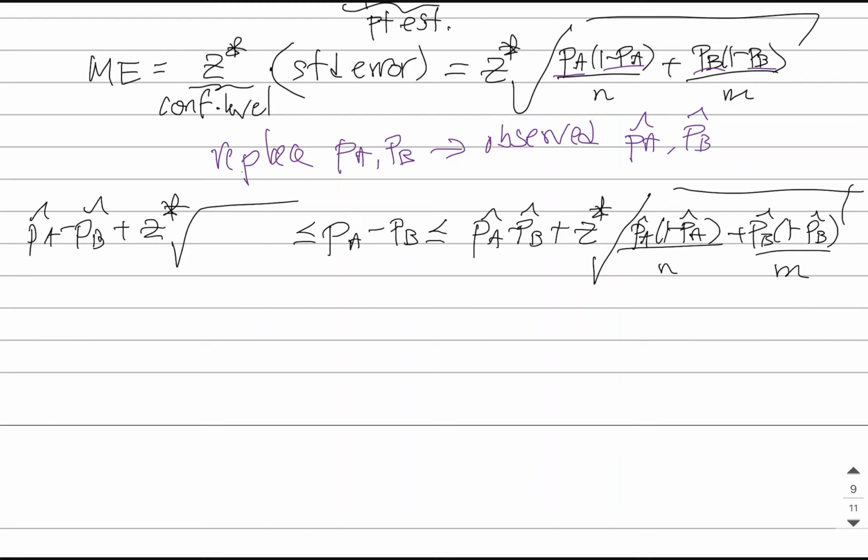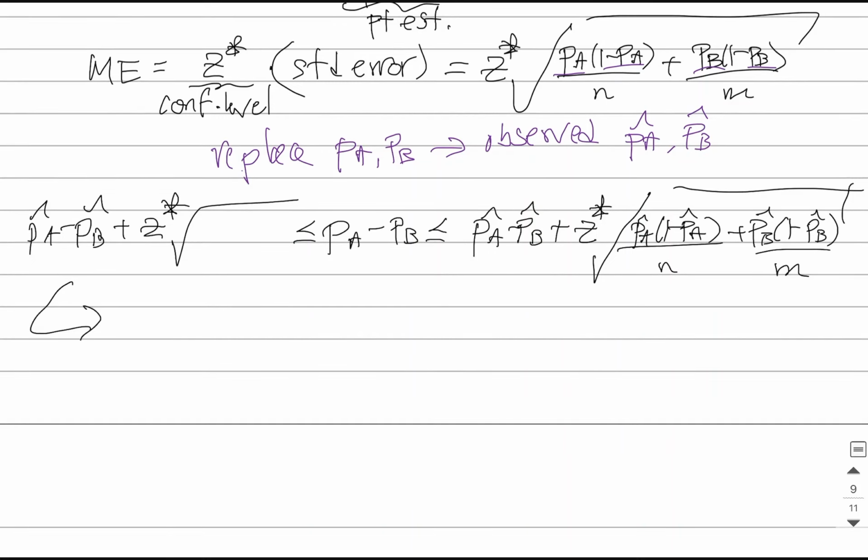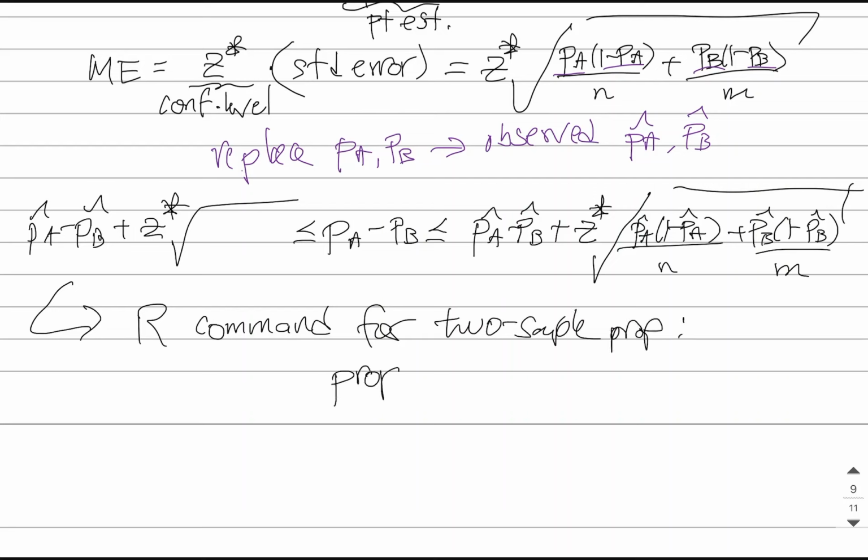Now, it's kind of a weird thing, but R will actually give you a command to do this confidence interval automatically. So there is an R command for two sample proportions. And it's something called the proportion.test command.